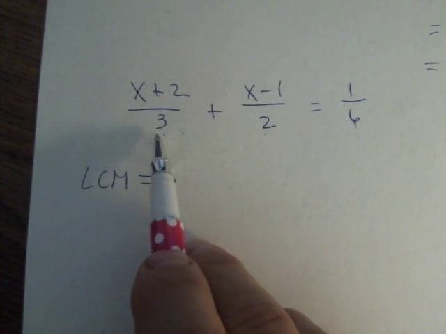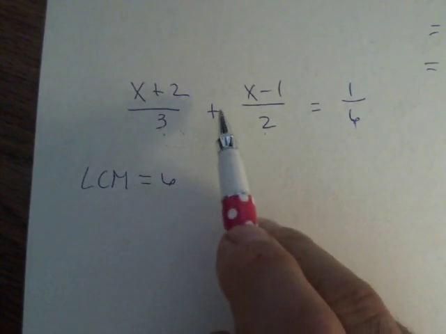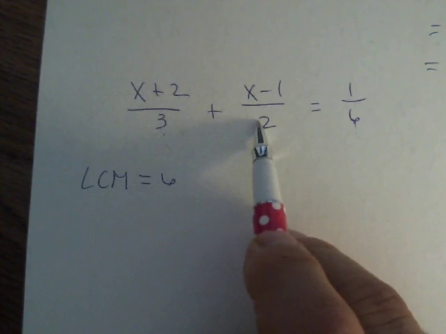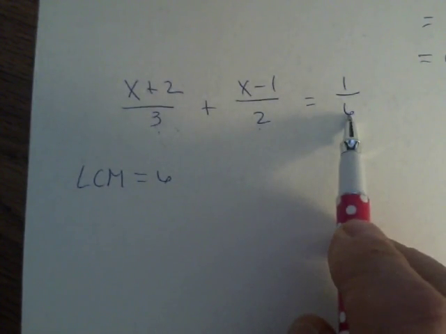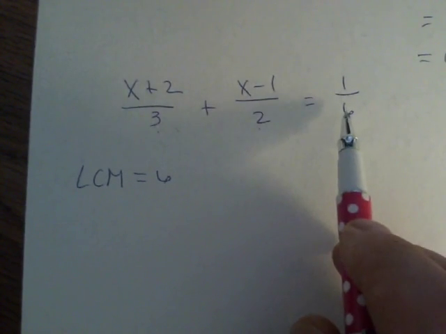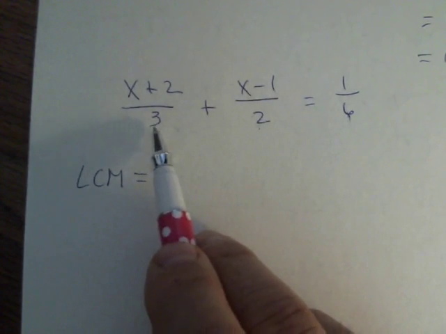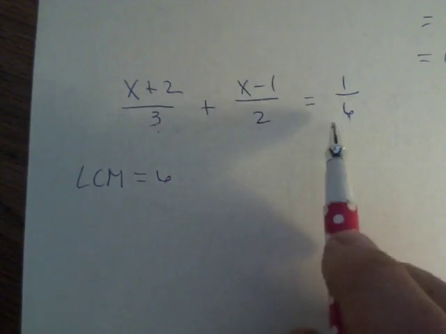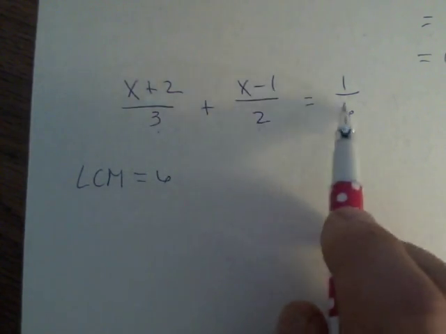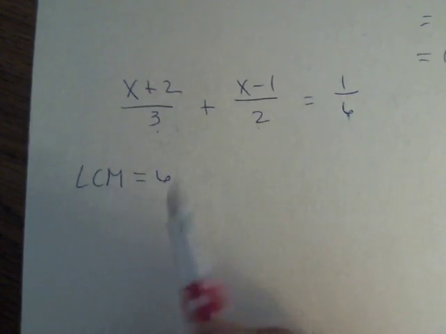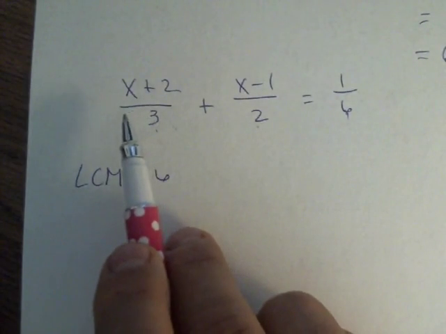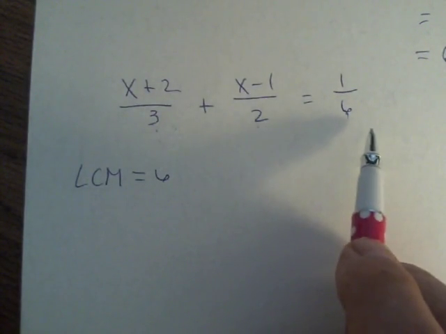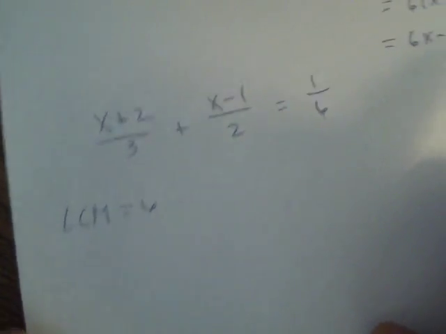Sometimes we make things harder than they are. 6 divided by 2 is 3, and 6 divided by 6 is 1. So I've chosen a number that all three can divide into, but it has to be the same number because I have to multiply both sides by that same number.